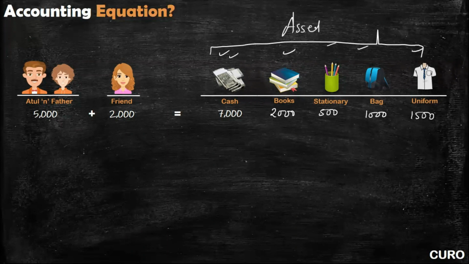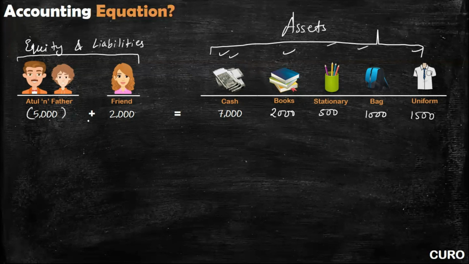And the source from which he arranged money to purchase these assets, that source of money is called equity and liabilities. Here, money he got from his father is his equity or capital, and the amount he borrowed from his friend is a liability, as it is backed by the promise that he'll return it, and in an accounting equation, assets are always equal to equities and liabilities.